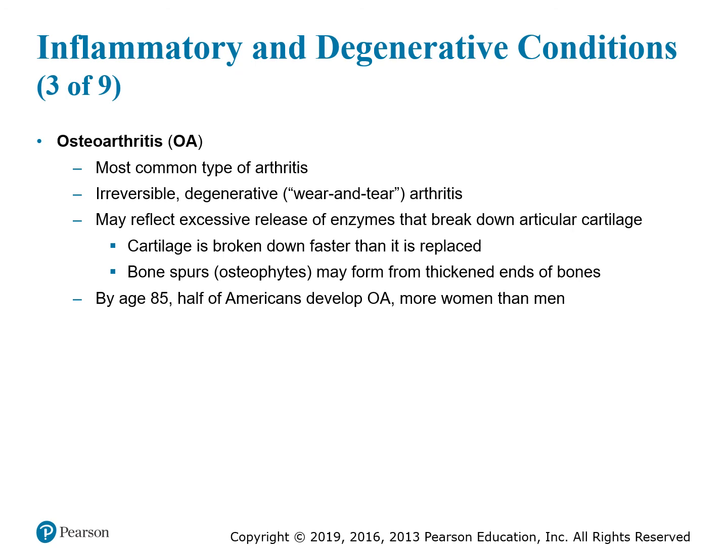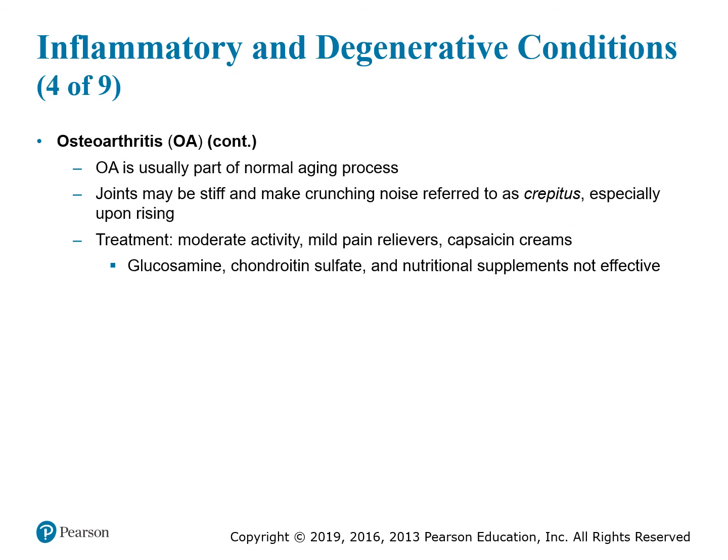By age 85, over half of Americans develop osteoarthritis, and it occurs more in women than in men. Osteoarthritis is usually part of the normal aging process. The joints may become stiff and make crunching noises. These noises are referred to as crepitus, and we see this usually upon rising from a seated or lying down position.